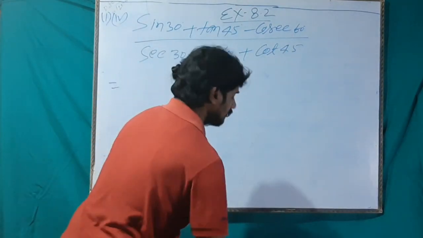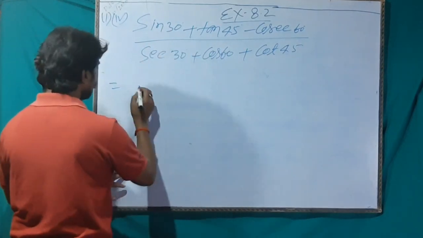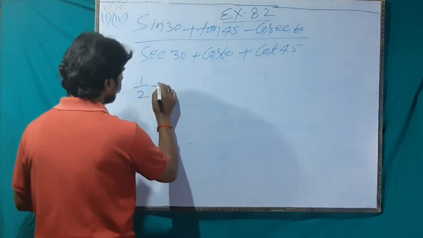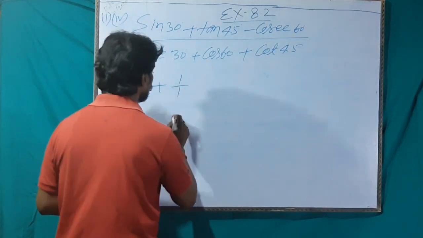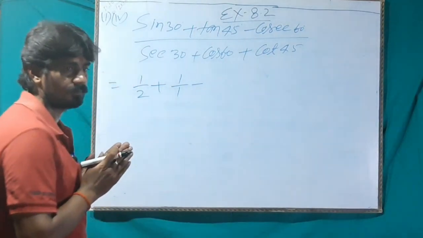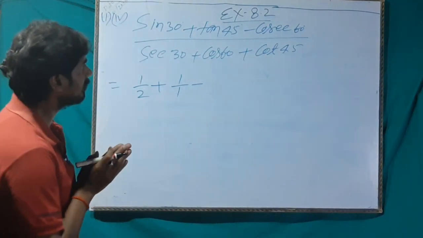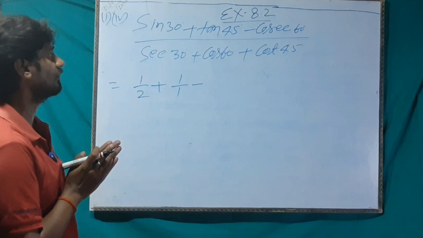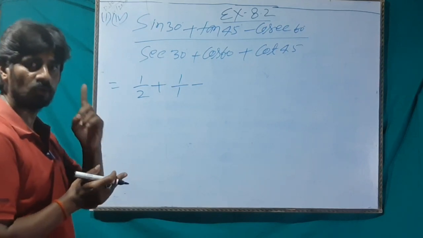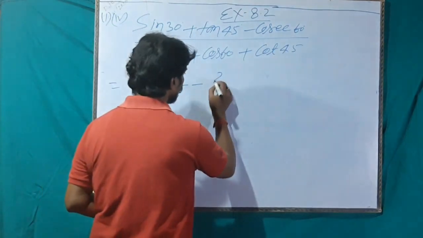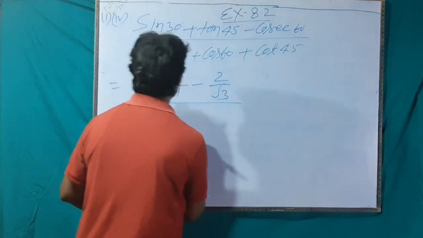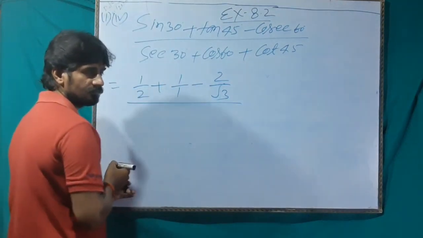Here the value of sin 30 degree is 1 by 2, tan 45 is 1, that is 1 by 1, minus cosec 60. Cosec 60 degree is the inverse value of sin 60, and sin 60 is root 3 by 2. So 2 by root 3 by sec 30.